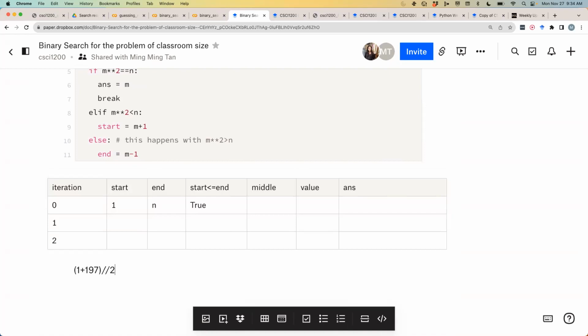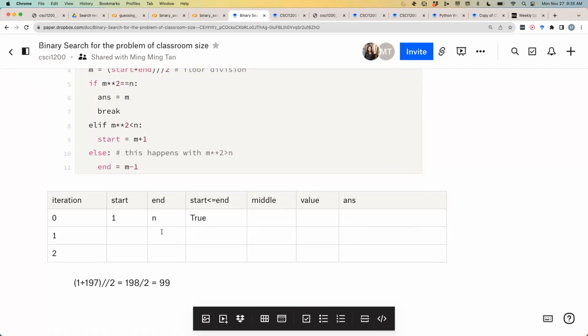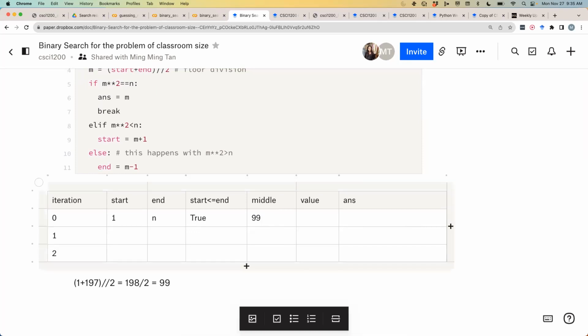Again, you remove the decimal. Okay, so what is this number here? It will be 198 divided by 2, which is 99. Okay, so your middle value will be 99.